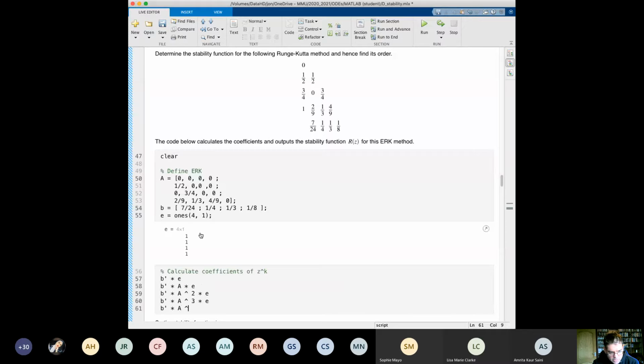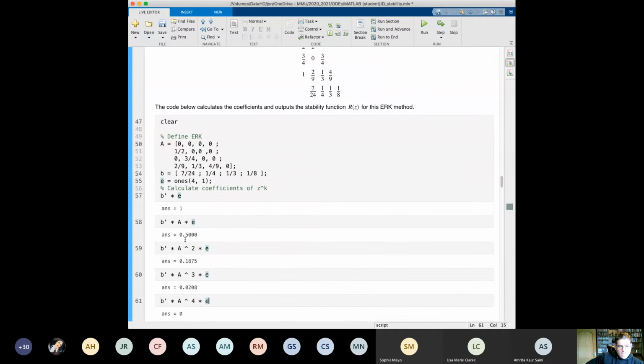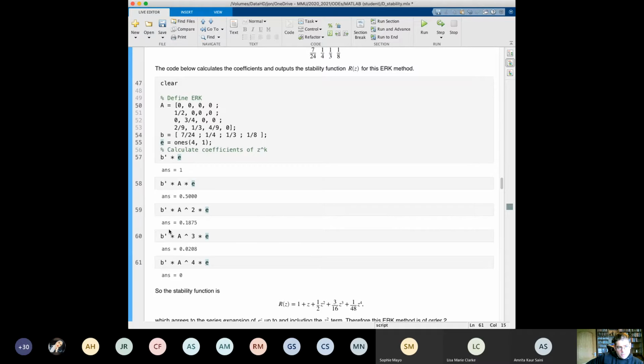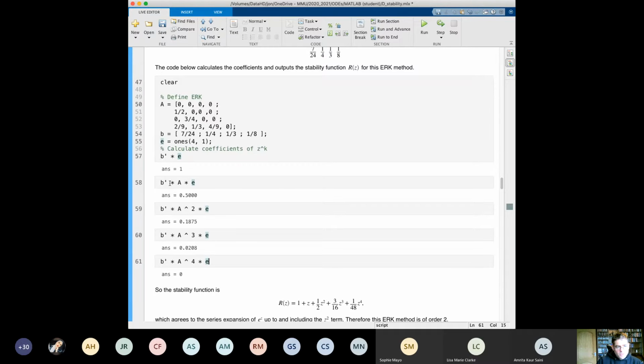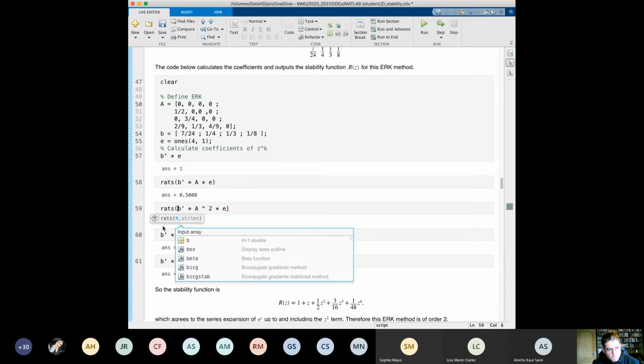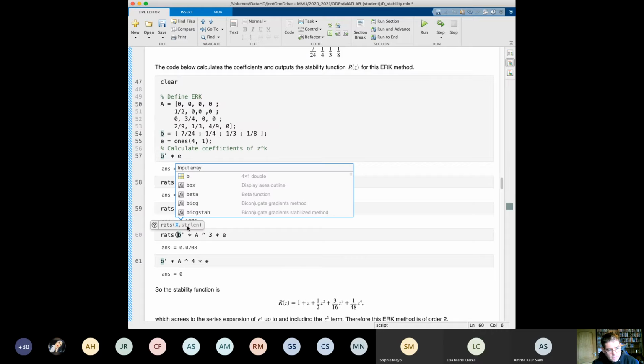So I'm going to run this in a second. I've done a few there, and if I run that, you can see we have some answers. It's often useful to use the rat command on each of these to get the fraction. Very quickly, just do the rat command.